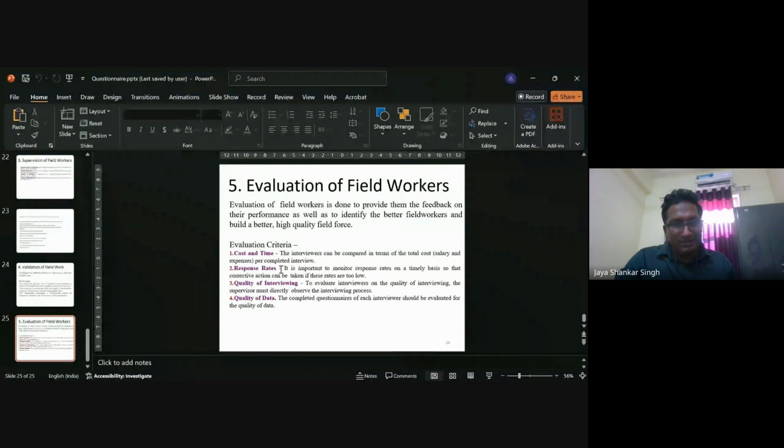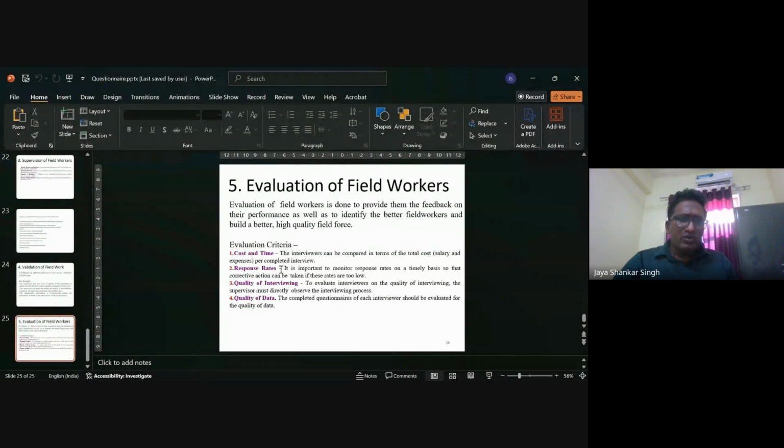How much money they are spending to collect the data. Response rate is how many responses they are getting. And if they're doing the interview, what is the quality of the interview? And quality of data is very important, whatever information they are able to capture through the interview.